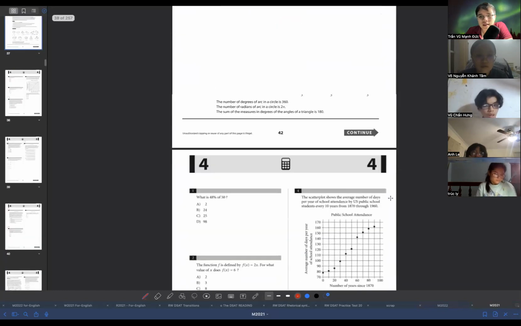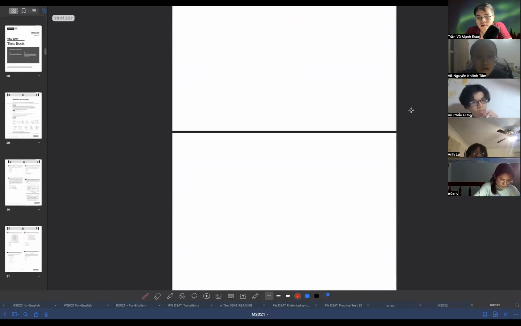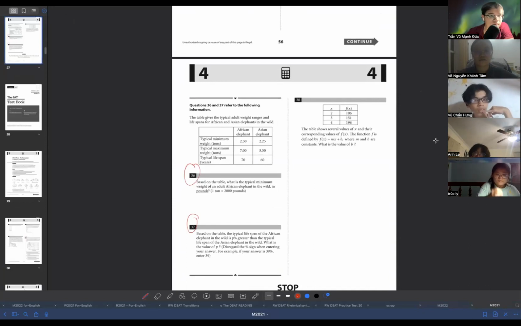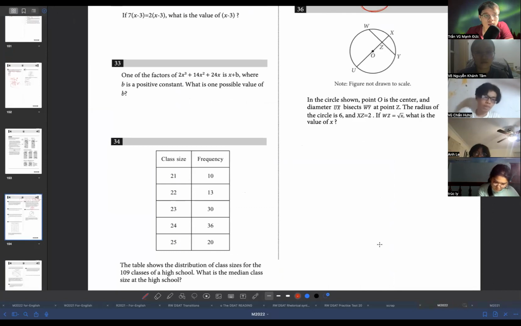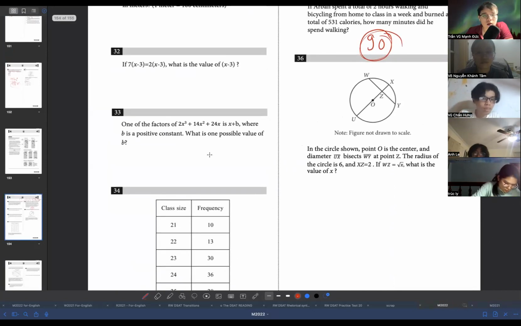Next is March US 2021. 33. Yes. Sorry, can you do number 32? 33 of the last session. Okay, one of the factors of this one is x plus b, where b is a positive constant. What is one possible value of b? Let's see. At first glance, I can see that x cubed, x squared, and x all contain x.